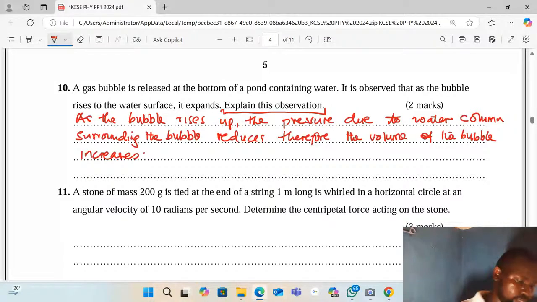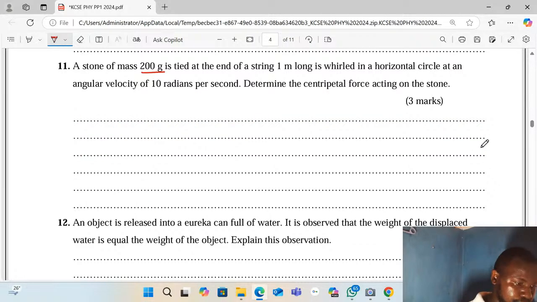A stone of mass 200 grams is tied at the end of a string that is 1 meter long. It is wound in a horizontal circle at an angular velocity of 10 radians per second.